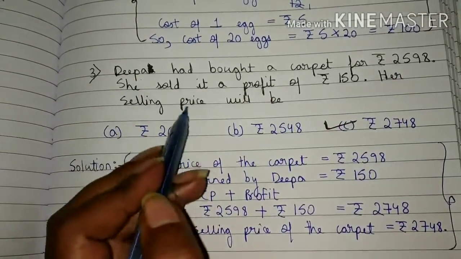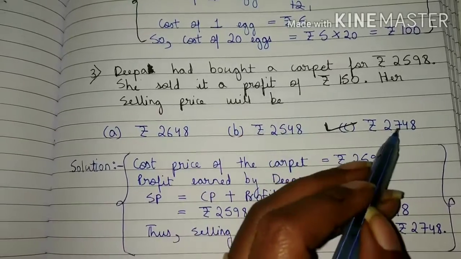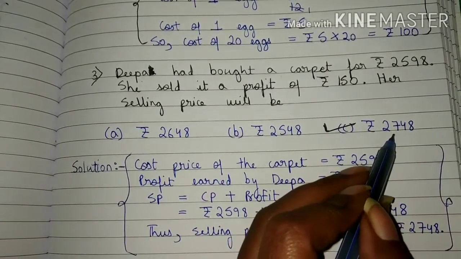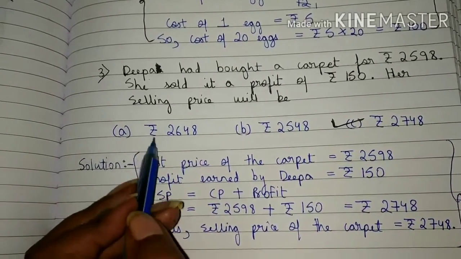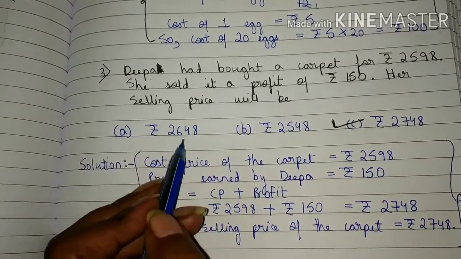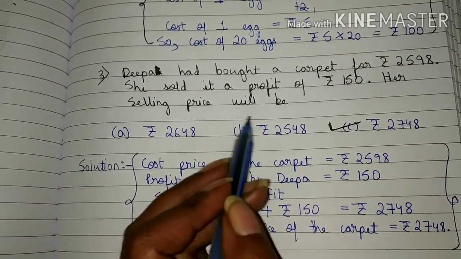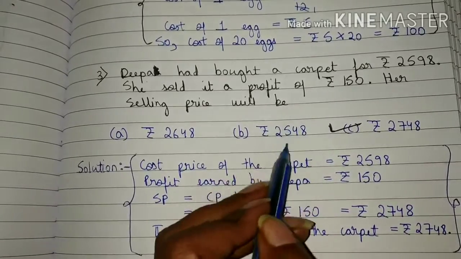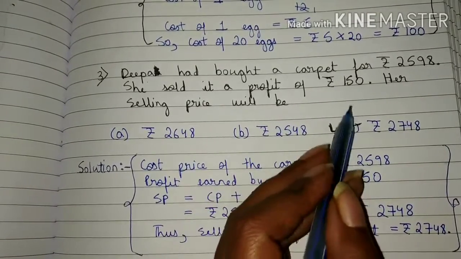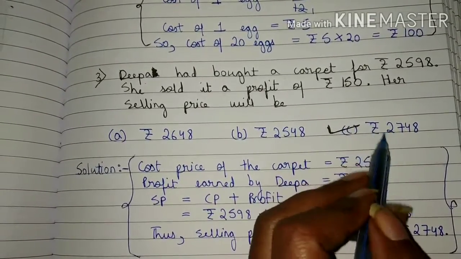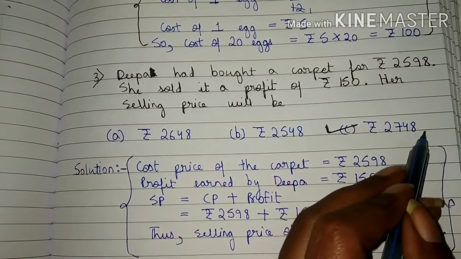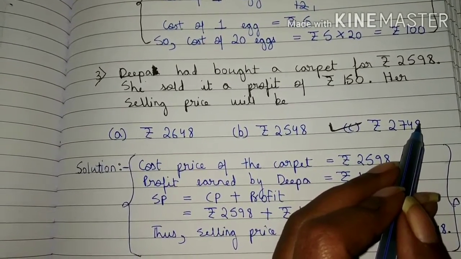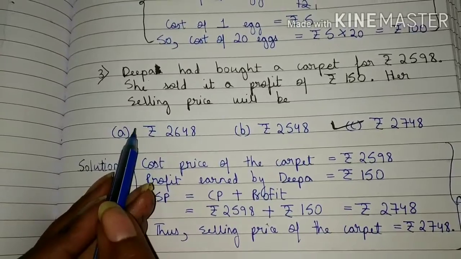Her selling price will be, here three options are given to you. Option A, rupees 2648. Option B, rupees 2548. Option C, rupees 2748. Now you have to take the correct answer.